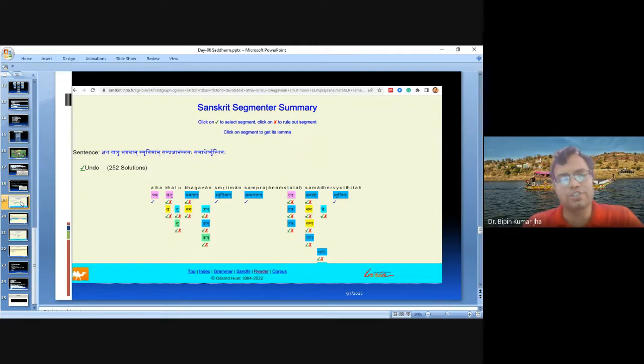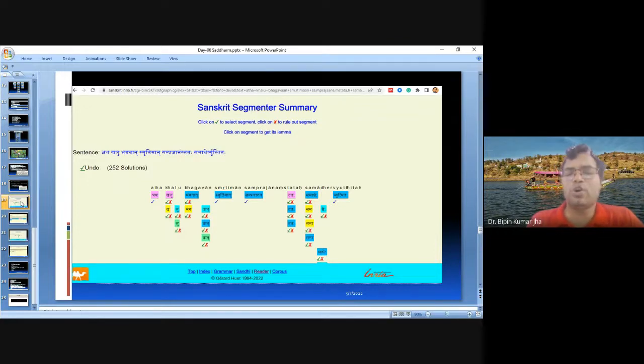When you visit, you can see the URL, and you should go and try to split sentences, because this is not only for splitting sentences. You can find declensions and deconjugations and all these things there. There are so many different tools. You must go and try to use them.